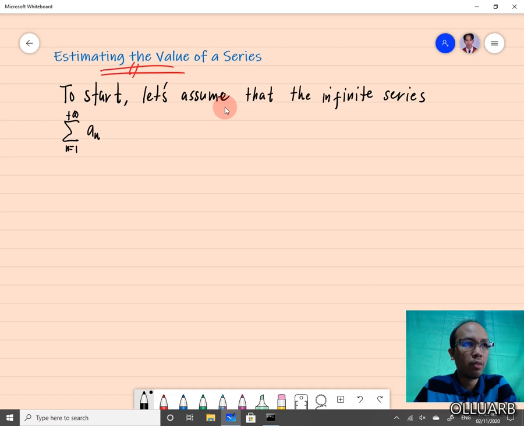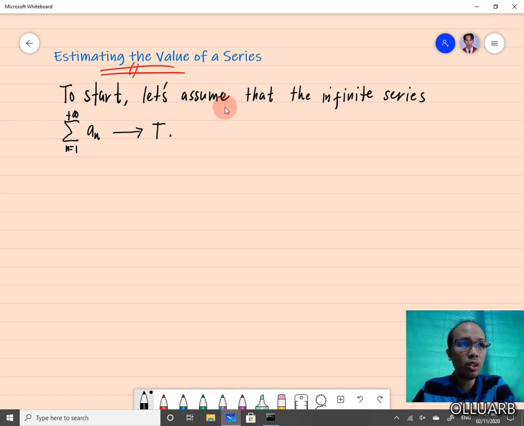It doesn't matter if it starts with 1; there are series that do not start from 1, as I've discussed before. So let's assume that this series converges to the sum t.